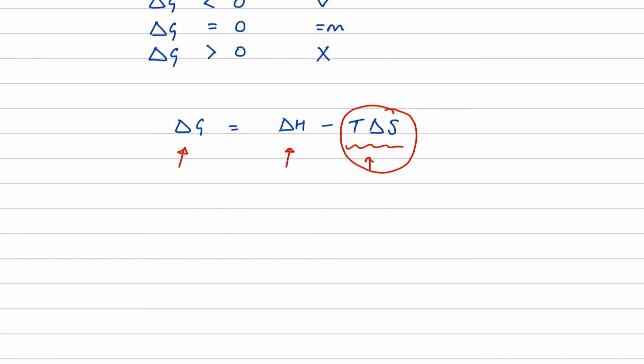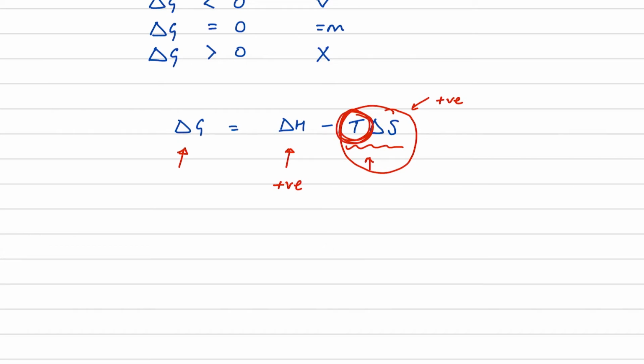So if it's an endothermic reaction and delta H is positive, then assuming that the entropy change is also positive, as we heat up the reaction and the temperature increases, the minus T delta S component of the equation becomes more significant, and our reaction at some point is likely to become feasible.